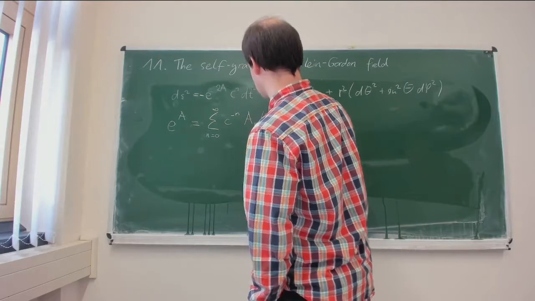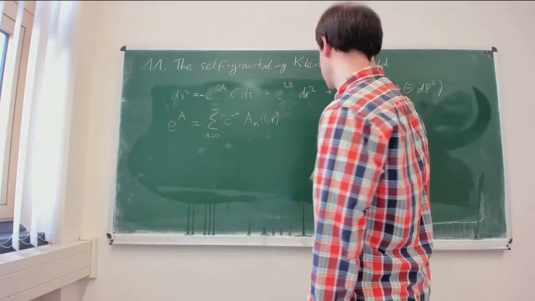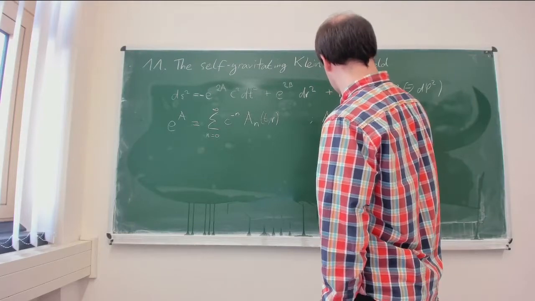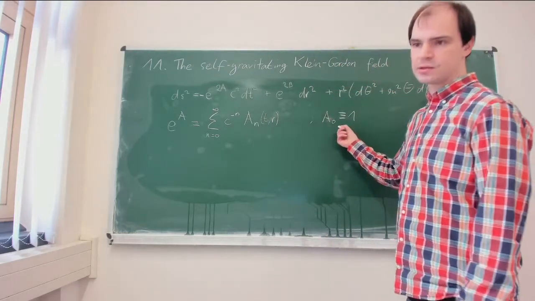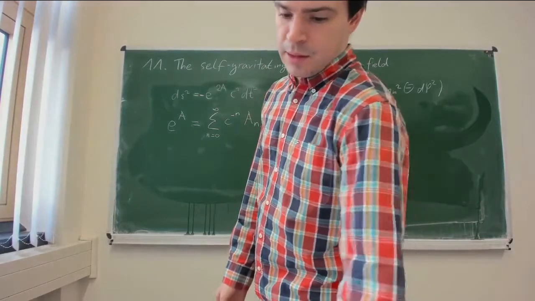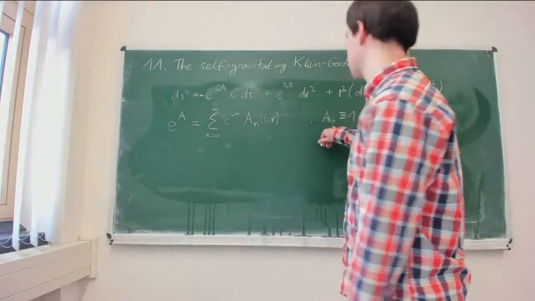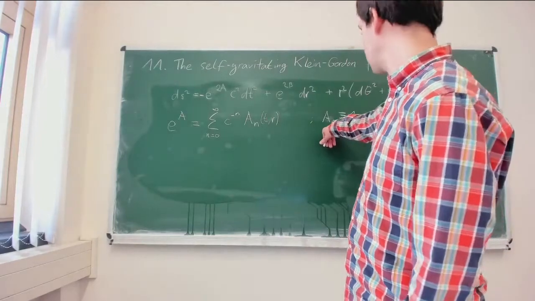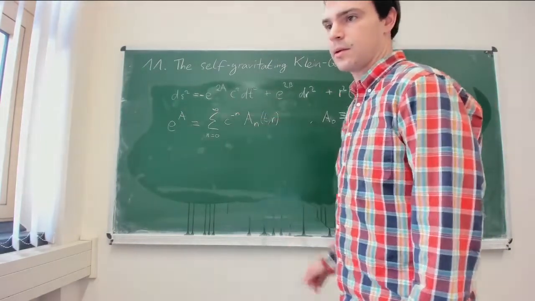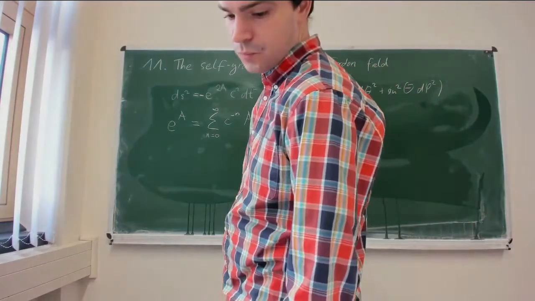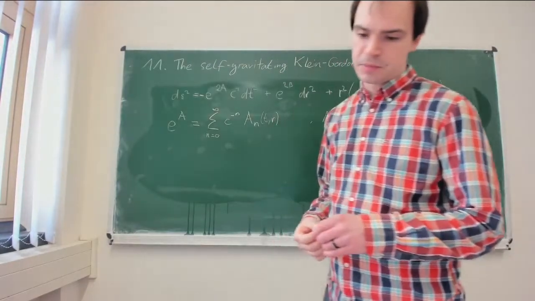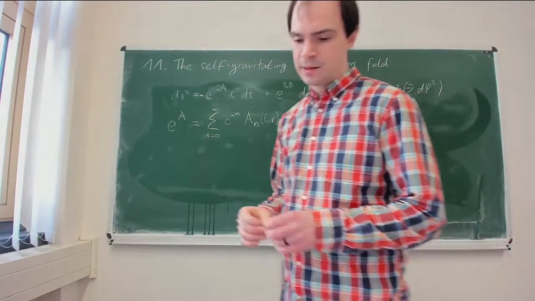So those depend on t and r, where the a_0 coefficient is unity. So in the non-relativistic limit, I just get ones here, and I get the flat spacetime metric. Okay, the same I do for e to the power b with coefficients b_n.